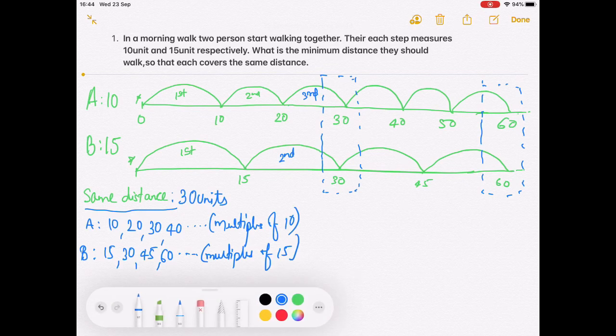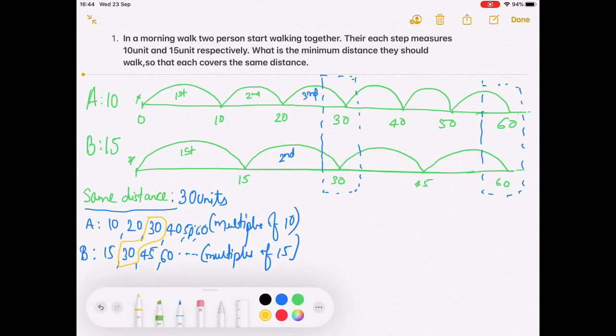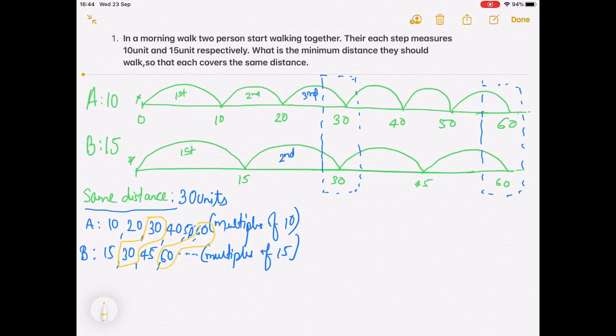So for example, in this case, the first common multiple was 30, and you will actually get 40, 50, and 60. The second common multiple was 60. Right, but in the question we were asked for the minimum, so we found a common multiple, but we had to find the minimum distance.